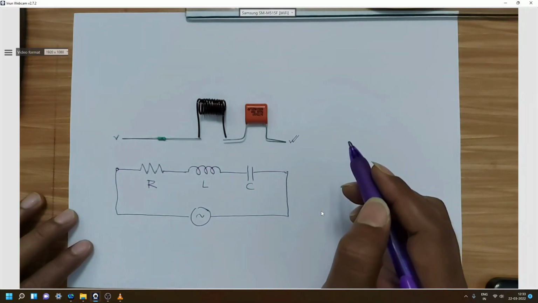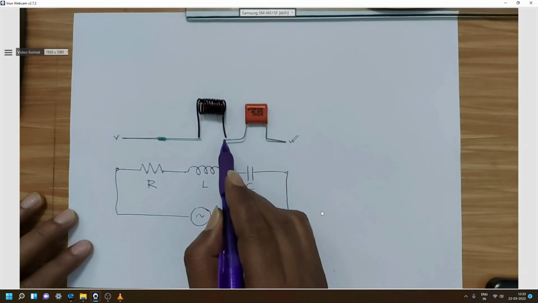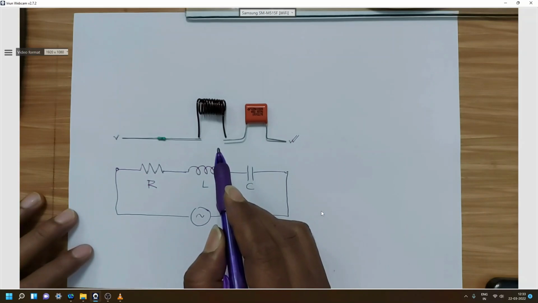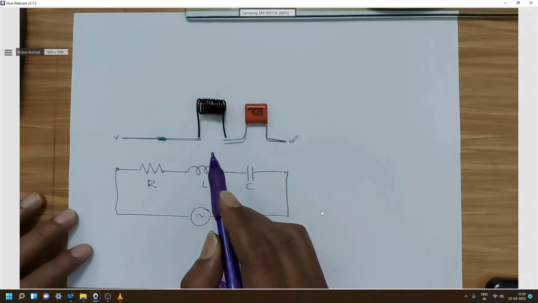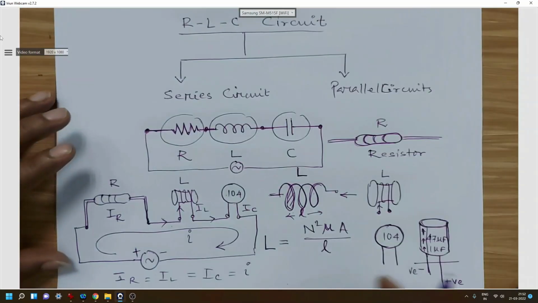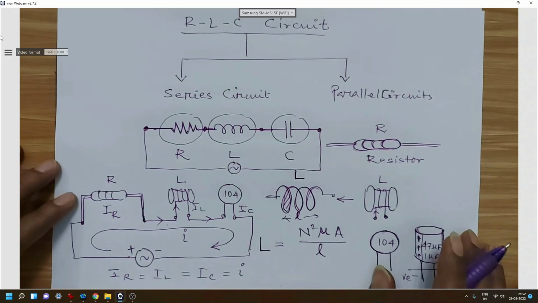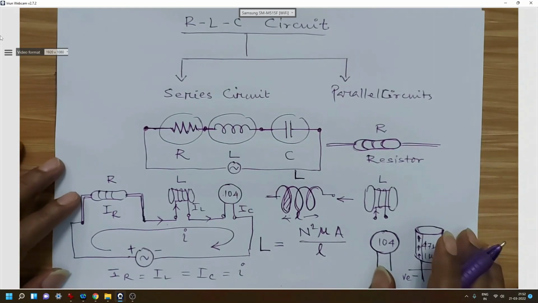After that we need to be sure that these two points are electrically connected, and these two points are also electrically connected. Then only will our series RLC circuit development in the practical field be completed. So this will be the connection procedure of one series RLC circuit.